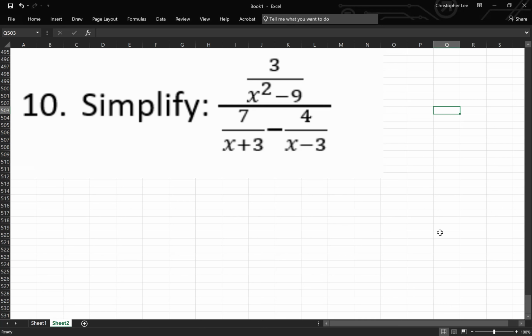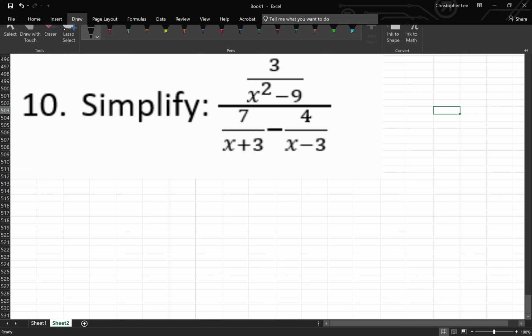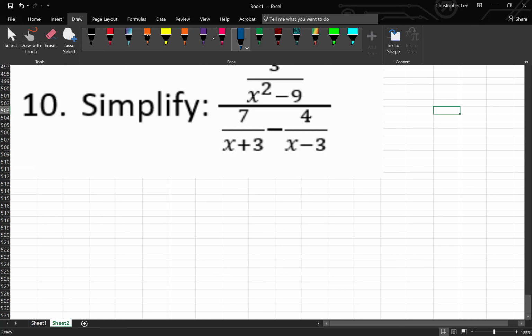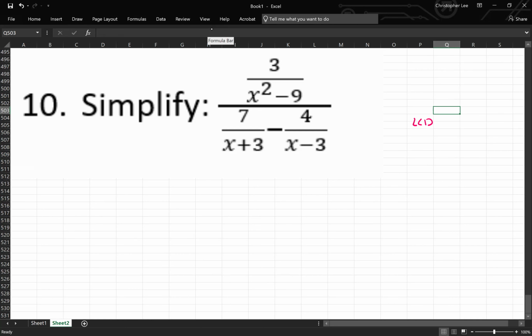All right. So what I want to do is get the same denominator under the bottom one. So I have 7 over x plus 3 minus 4 over x minus 3, right? How can I make those denominators the same? What can I do? LCD, right? And what would the LCD be for the bottom? Good.